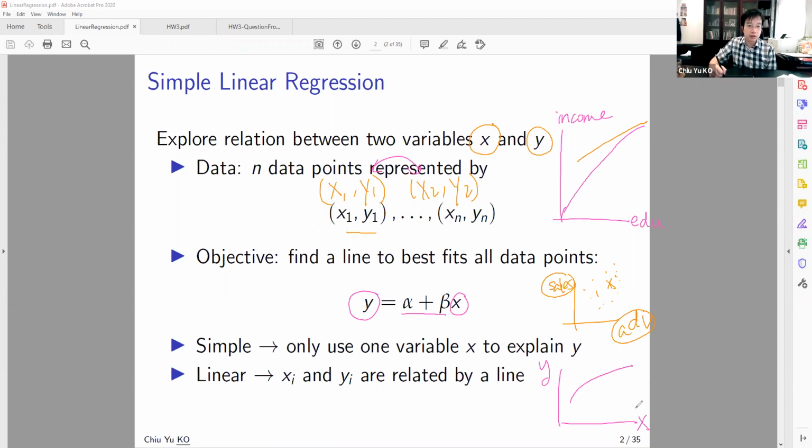You can regress on, say, the log of x, some transformation, so suppose you regress y on log x. Okay, then it can be linear. So you need not use the original variable for the regression. You can regress on the transformed variable. And why do you sometimes transform to the log? Because log is the growth rate. So the growth rate.